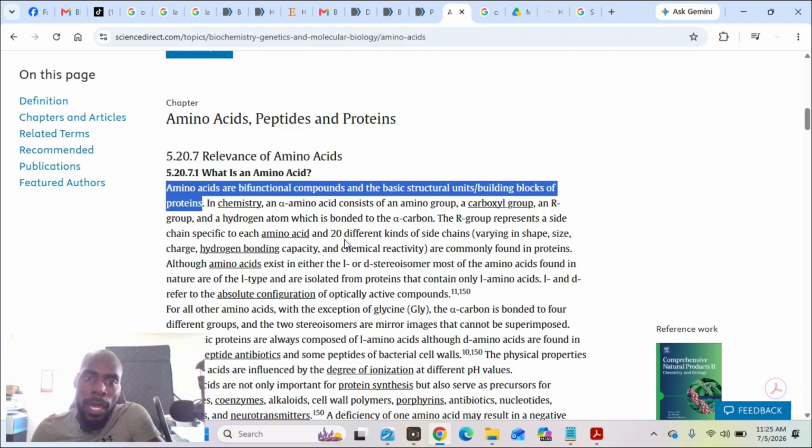The R group represents a side chain specific to each amino acid, and 20 different kinds of side chains, varying in shape, size, charge, hydrogen bonding capacity, and chemical reactivity are commonly found in proteins.